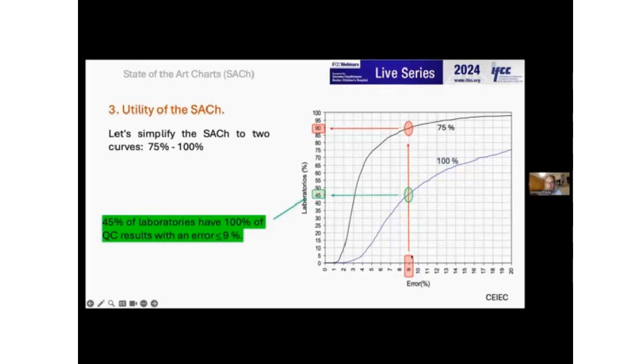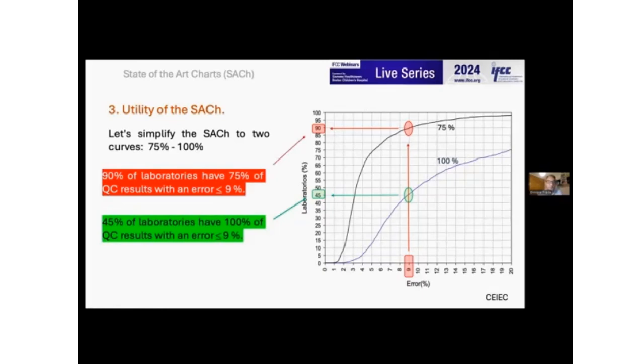Let's see on this same curve what error the 95% of laboratories have. Well, 95% of laboratories in 75% of the control samples they process have an error of 13%. And what percentage of laboratories have that error below 13% in 100% of their samples?